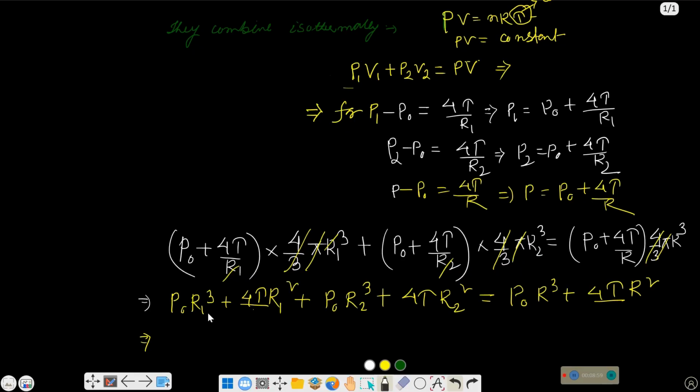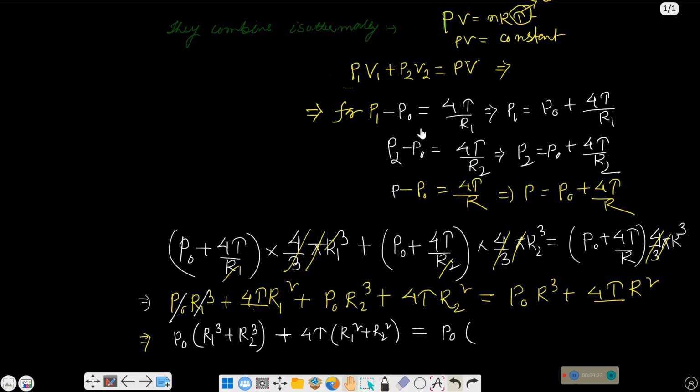Now from these values, for P naught R cube, if we take the common P naught, then we will be left with R1 cube plus R2 cube, plus 4T taking common R1 square plus R2 square, is equal to again P naught for R cube.